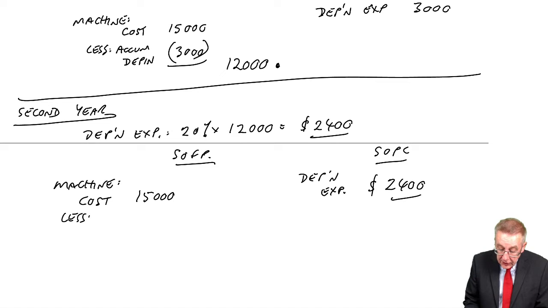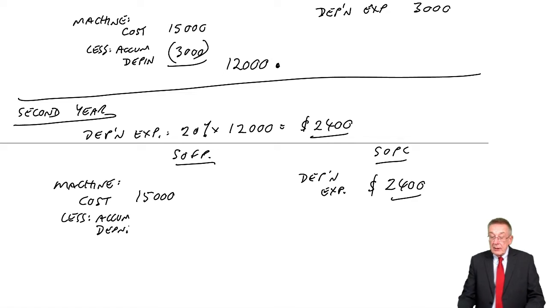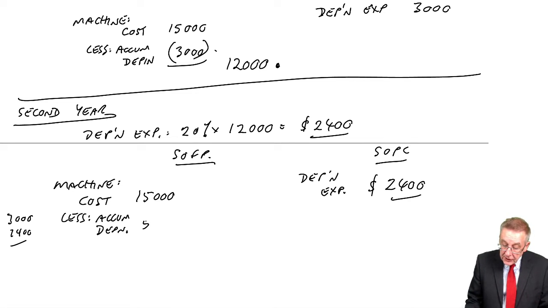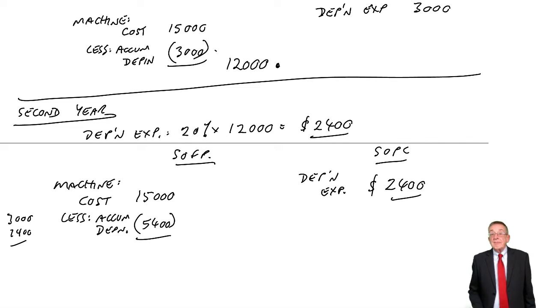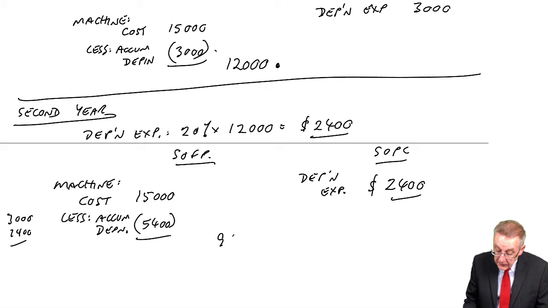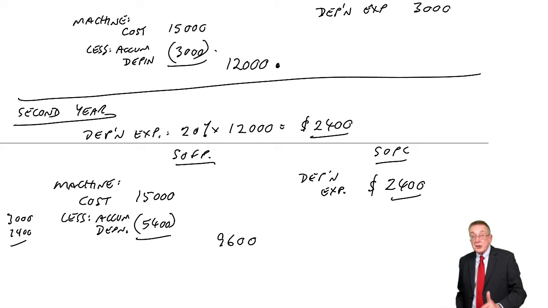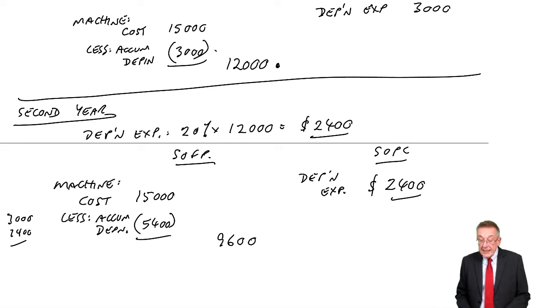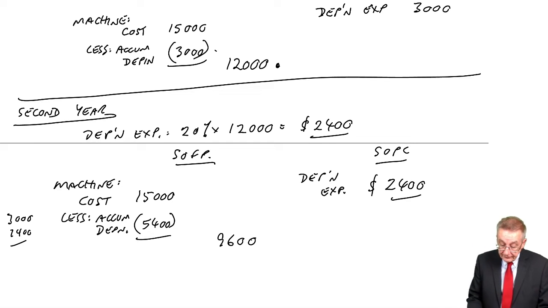The total accumulated depreciation: last year we'd subtracted 3,000, this year another 2,400, a total of 5,400. So its value now goes down to 9,600. It was 12,000, another 2,400 brings it down to 9,600.